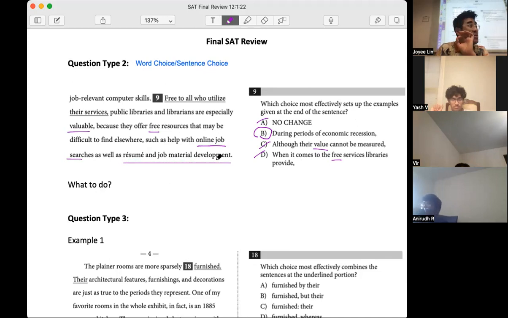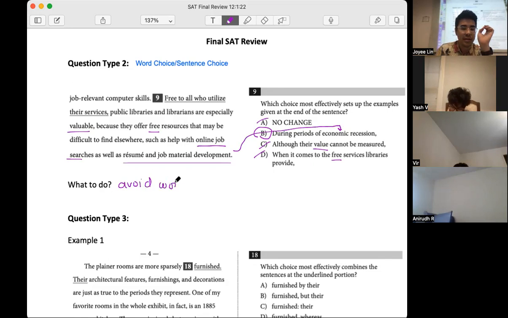Those are words that link with economic recession. Economic recession implies a lack of jobs, so they're helpful with job and resume material. So what to do? Avoid wordiness, and then read the whole paragraph first.